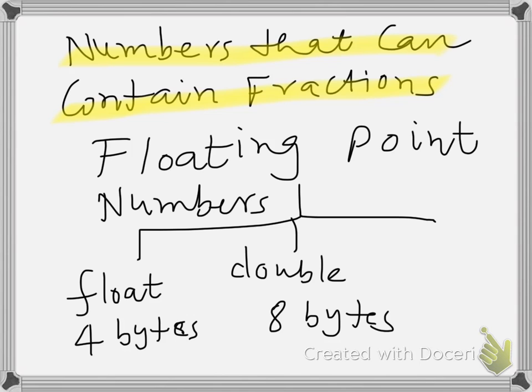Since double is 8 bytes and float is 4 bytes, double has a precision twice that of float. Higher precision allows double to store floating point numbers more precisely.